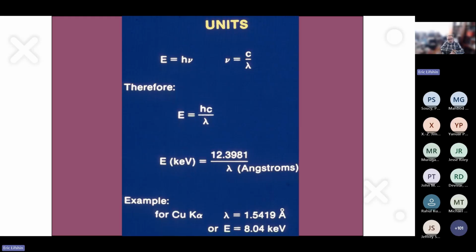Combine the two, you have E equals hc over lambda, and energy, if you put the numbers in, is roughly 12.4 over lambda in angstroms if the energy is in keV. A common example would be the copper K alpha line, which has a wavelength of 1.54 angstroms and an energy of about 8.04 keV.